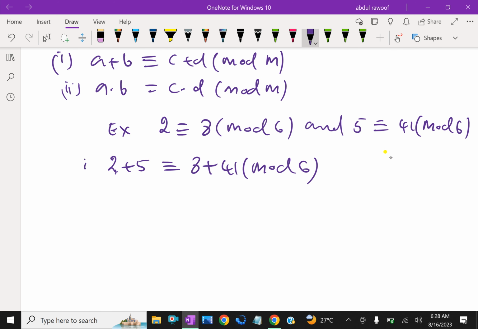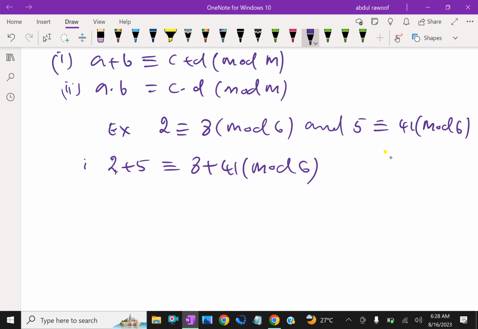Third one, for example, p of x equals 3x squared minus 7x plus 5. For x is 2, p of 2: 2 squared is 4, into 3 is 12, minus 14, plus 5, which gives 3.